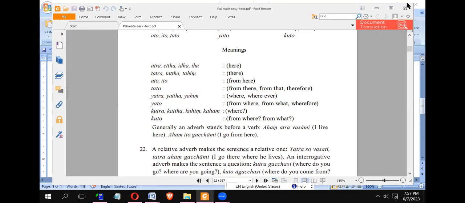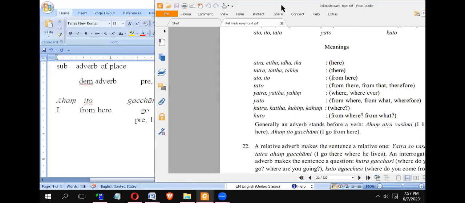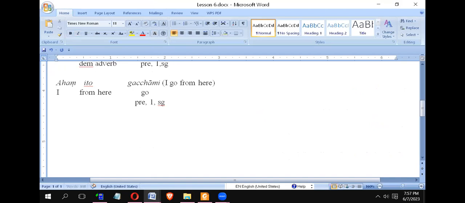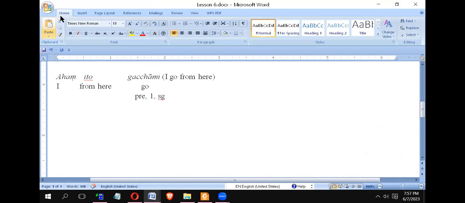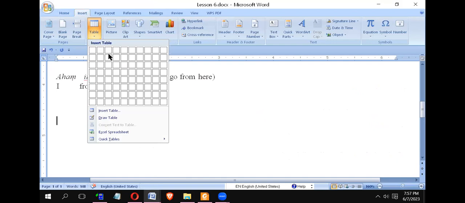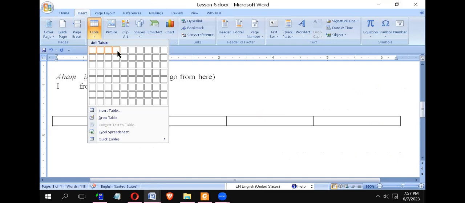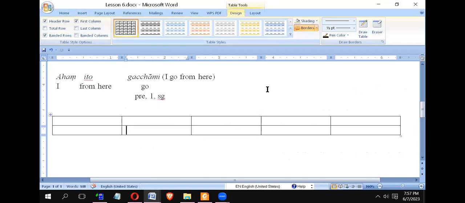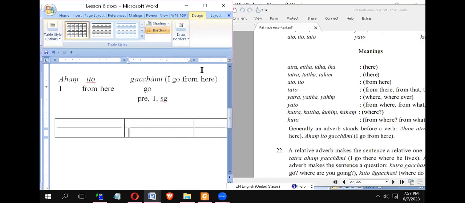Let me do it this way, because last time when I learned this, I made a table myself. I will teach you all how to make a table. Let's say you all insert a table, how many columns? I think four or five. Okay. Let me make my table first.